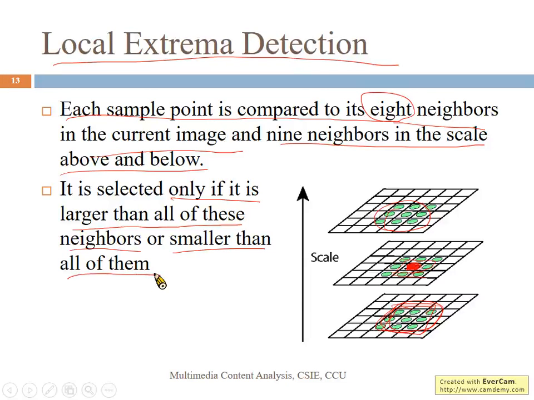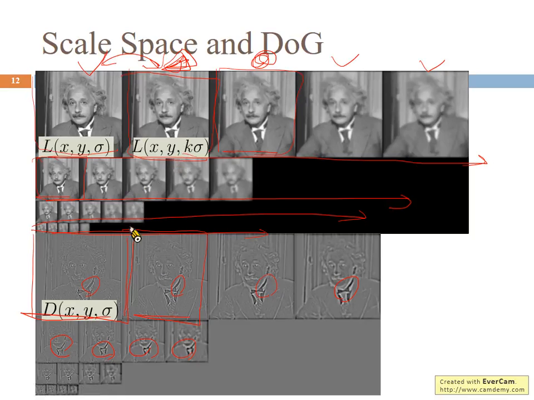So let's go back to the previous slides. For some points, for example this point, we will compare with the difference of all its 8 neighbor pixels, and then we compare the 9 pixels at this scale and also 9 pixels at this scale.